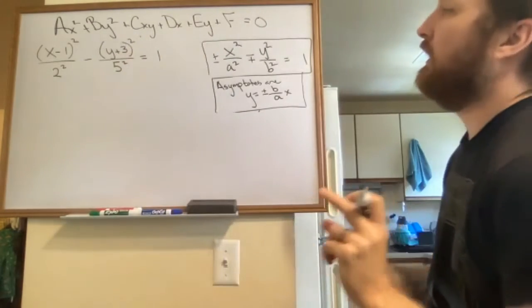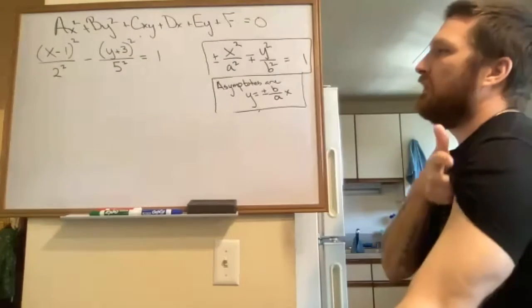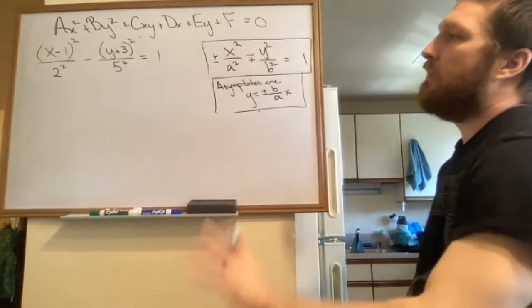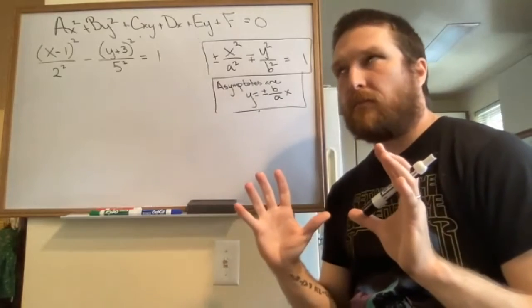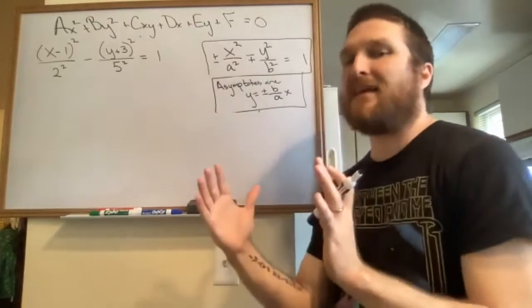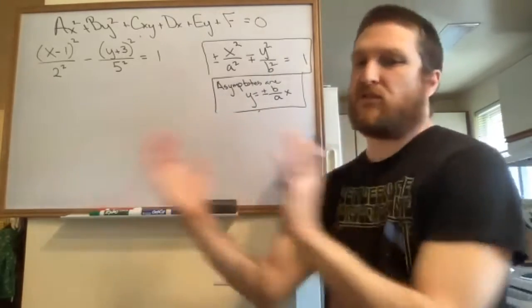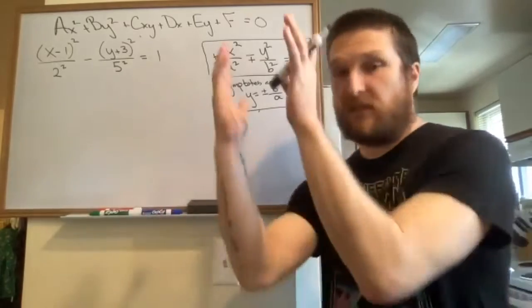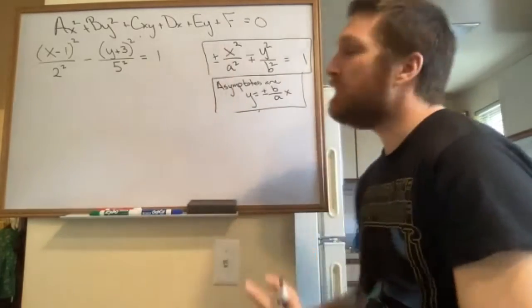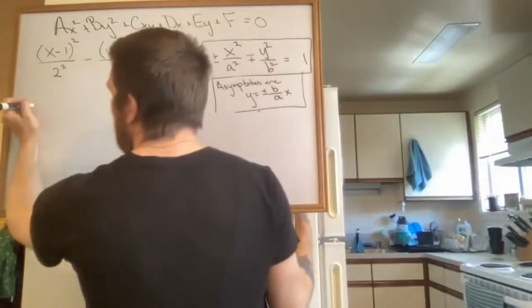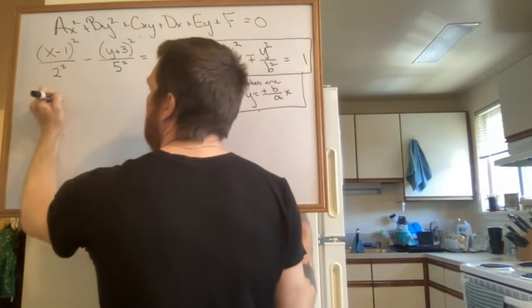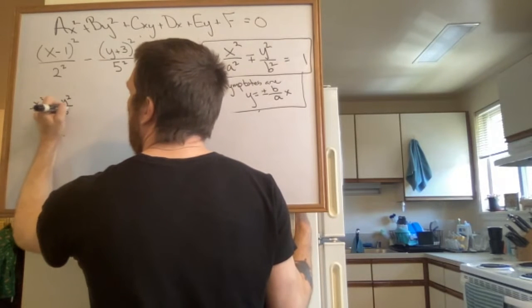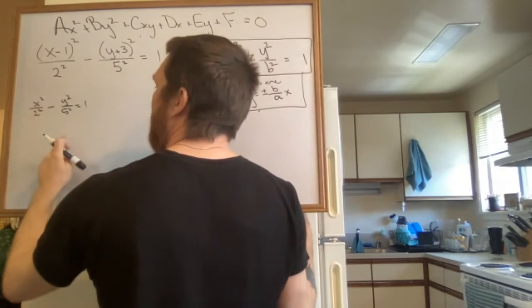Step 1, just like with the ellipse, we're going to pretend that this thing has not been shifted left, right, up, or down first. We're just going to look at the case where it were x squared over 2 squared minus y squared over 5 squared. What would I have?